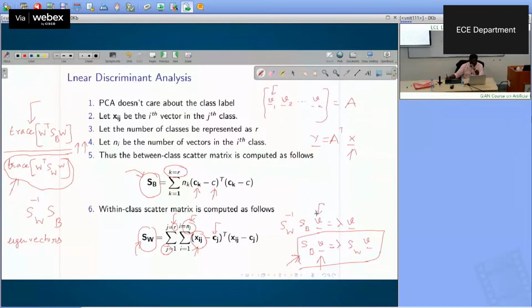What is an eigenvector basically? That's what I have written. So in place of the matrix, here we are having SW inverse SB. Yes, eigenvectors corresponding to SW inverse SB. That is what we are collecting. It is not a single vector, right? I can have multiple vectors for it, satisfying this.